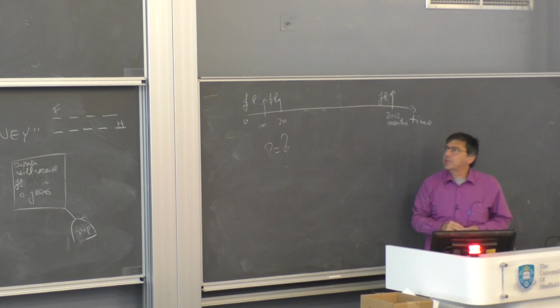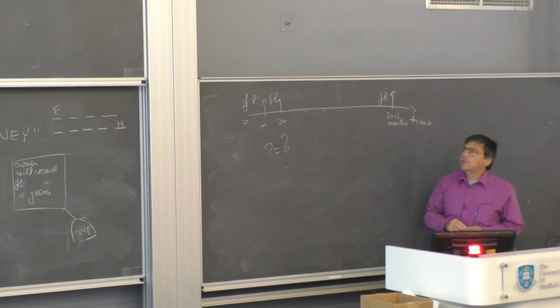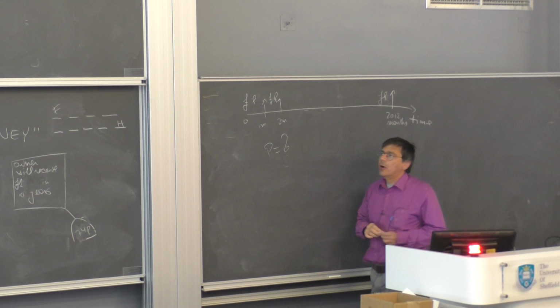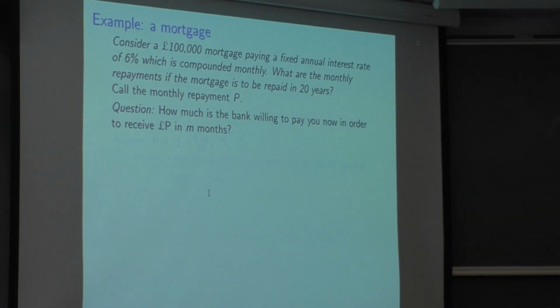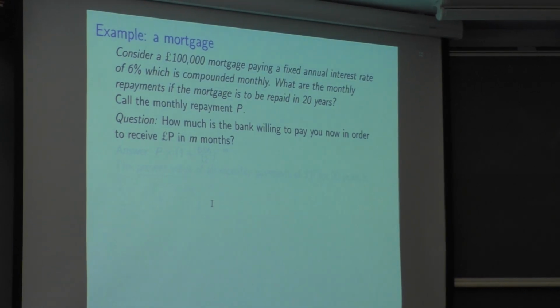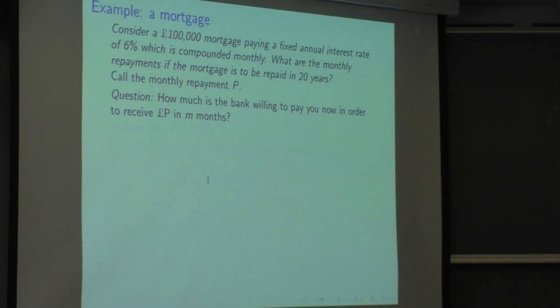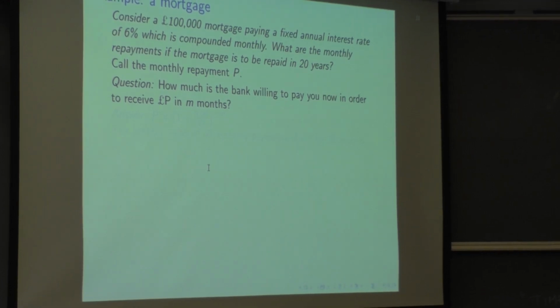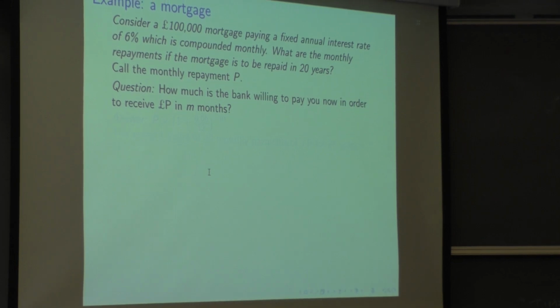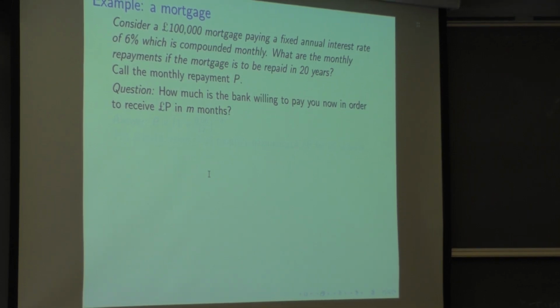Let's ask ourselves first, how much is the bank willing to pay you now in order to receive P pounds in M months? In other words, from the point of view of the bank, what is the present value of P pounds paid in M months? Okay? So the question is, how does the bank translate money now to money in M months?